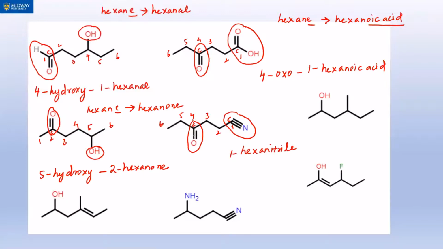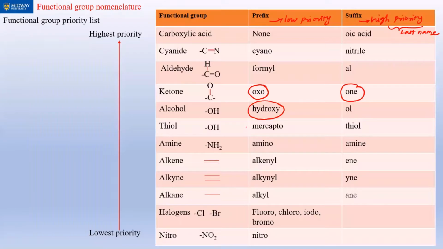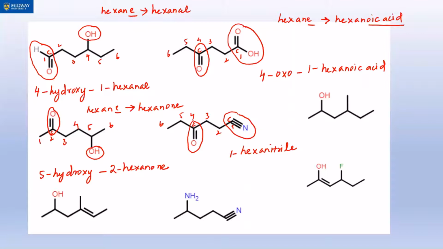Because ketone is low priority compared to nitrile, which is cyanide, CN is cyanide, it's oxo. So it's in the fourth position, so 4-oxo-1-hexanenitrile, or hexanenitrile. I usually write the 1.